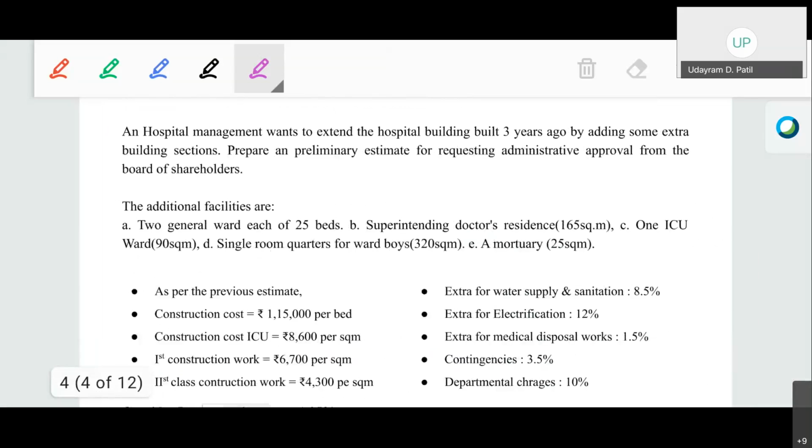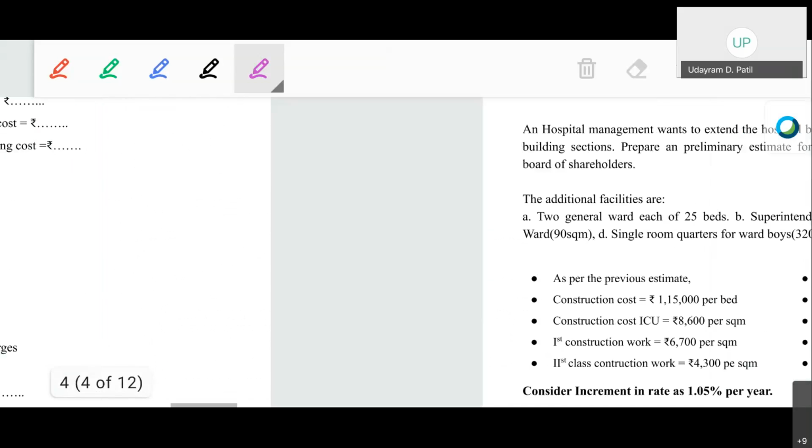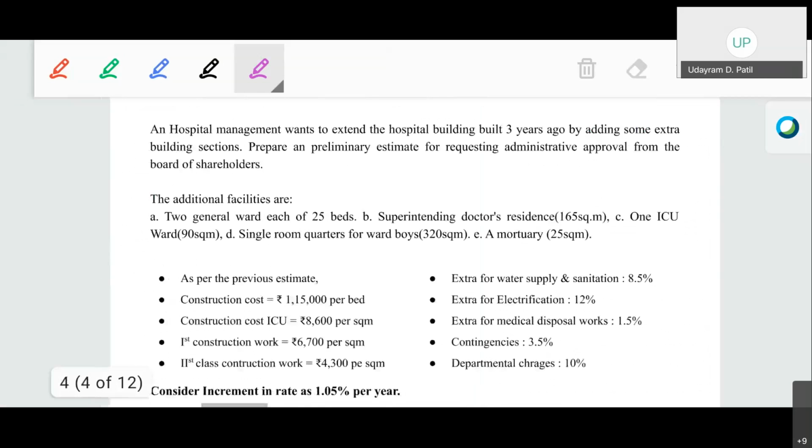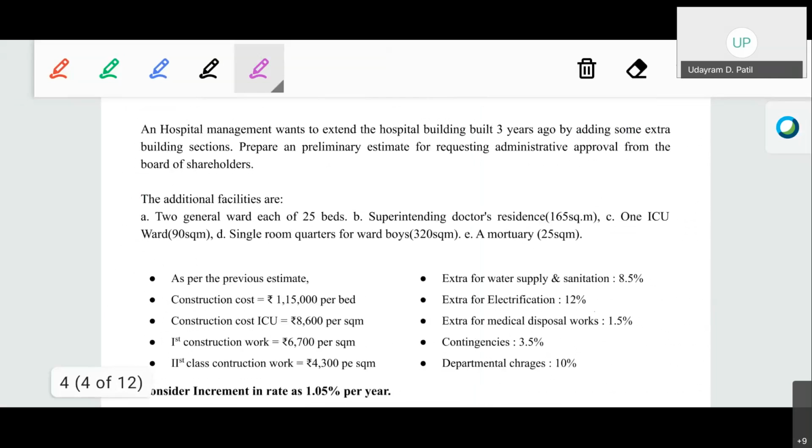Now the next problem. A hospital management wants to extend the hospital building built 3 years ago by adding some extra building sections.